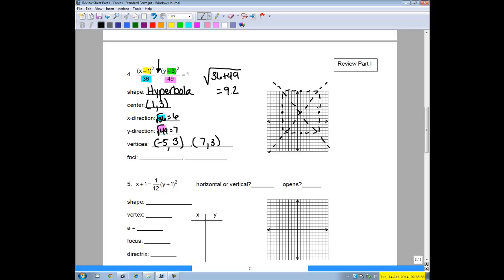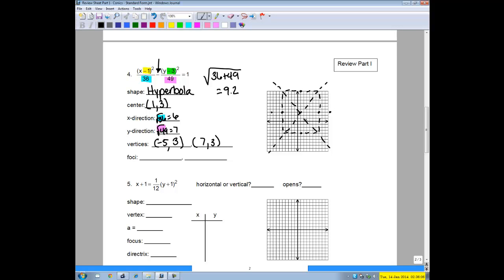So we're going to go in the direction of our vertices, so left and right, 9.2 from our center. So 1, 2, 3, 4, 5, 6, 7, 8, 9.2. 1, 2, 3. Oh wait.